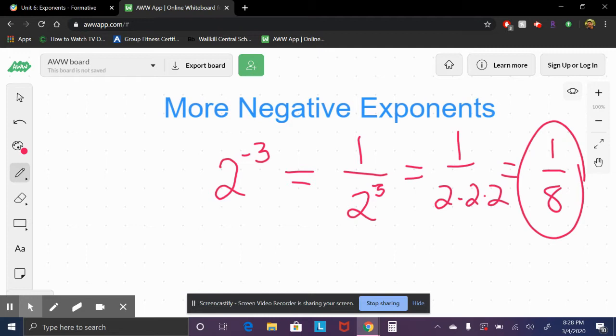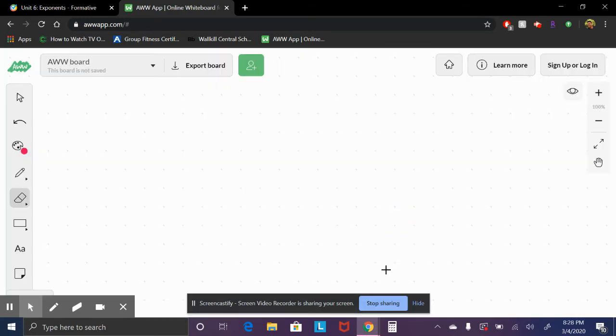So for example, if I had 1 over 4 to the negative 2 power. So similarly to the other problem, the only difference is that it is on the bottom here, right?